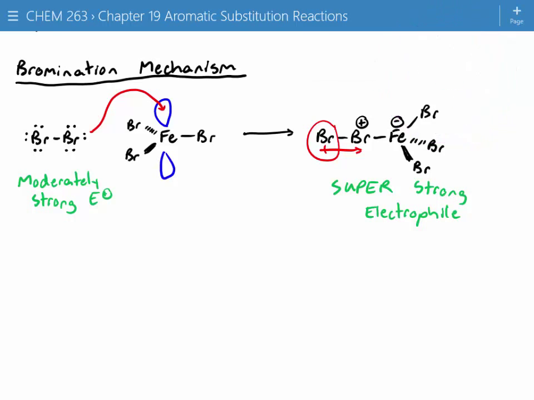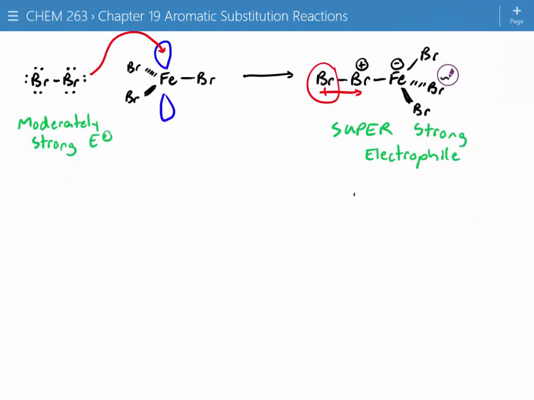So if we react this with benzene, we said that benzene can be a pretty good nucleophile. And so what it will do is have one of these pi bonds come up, attack that bromine, kick off electrons to that bromine with the positive charge. And now we end up forming that arenium ion I was talking about.